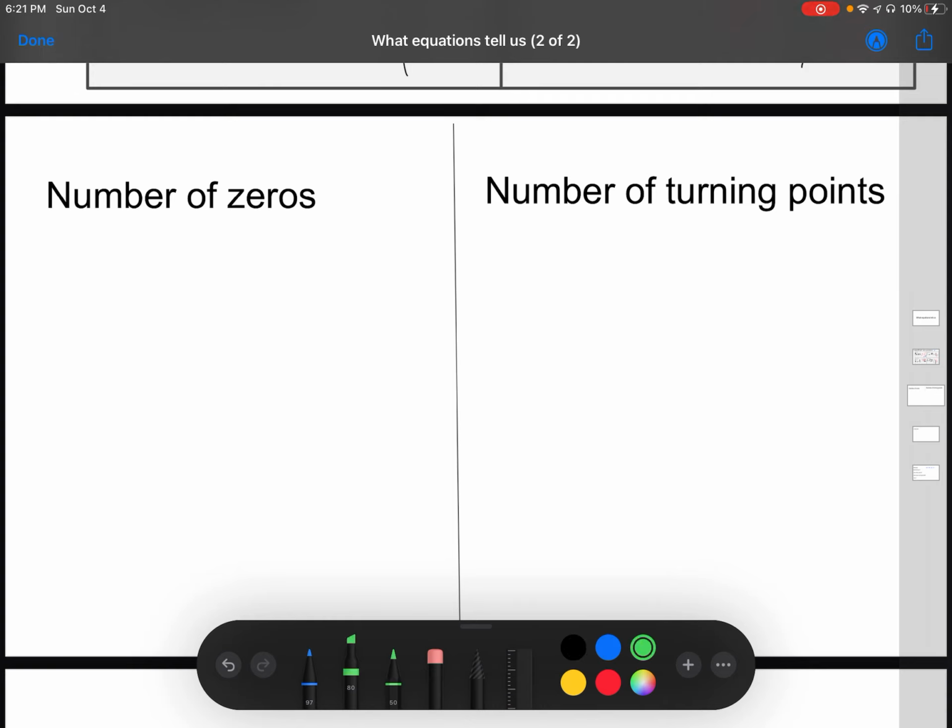So some other things you can learn. First, you can also learn the number of zeros. We aren't going to learn what the zeros are, we just know how many there will be.